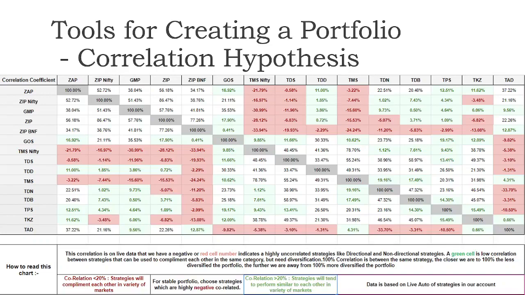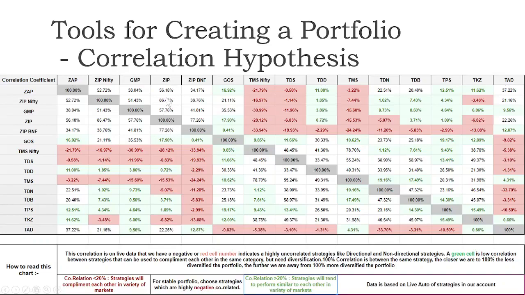But what I want to show here is that these are our strategies. Across it, you see the gray areas, which are basically 100% correlation, so exactly the same strategies. Whenever we are closer to 100%, the two strategies would be very similar.